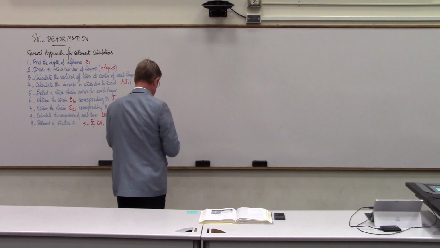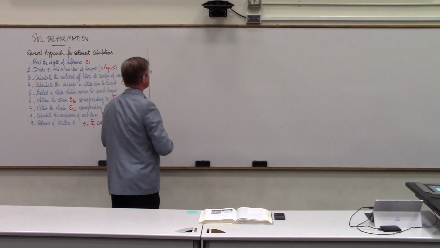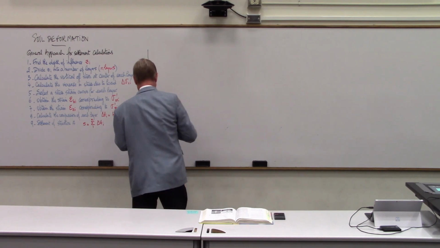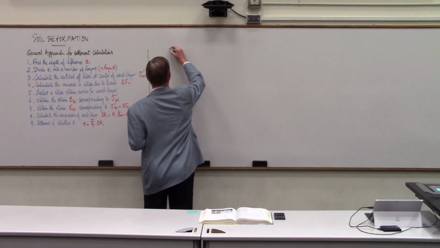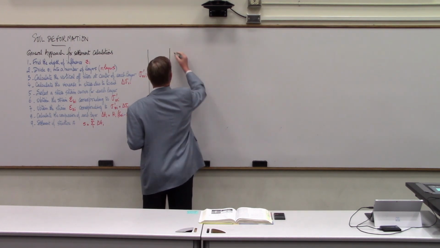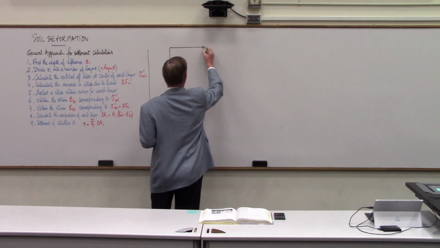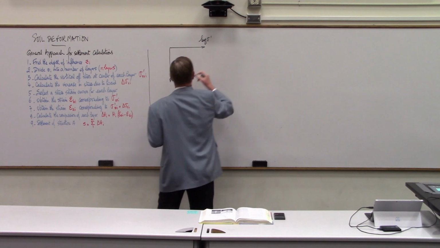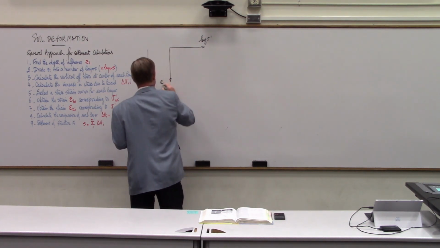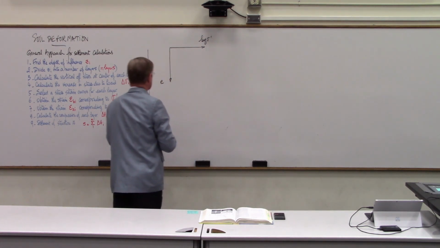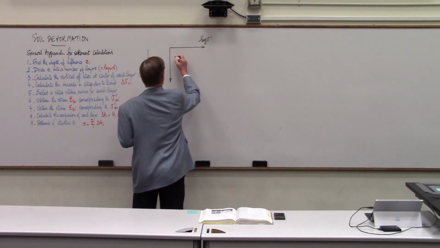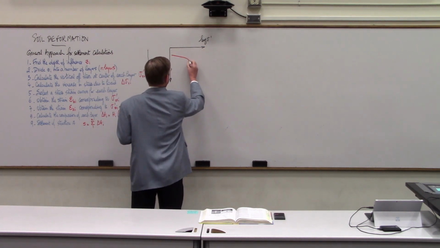So remember, the consolidation curve looks something like this. And like that. This is sigma prime on the log curve, and this is the void ratio. And the curve looks something like this.